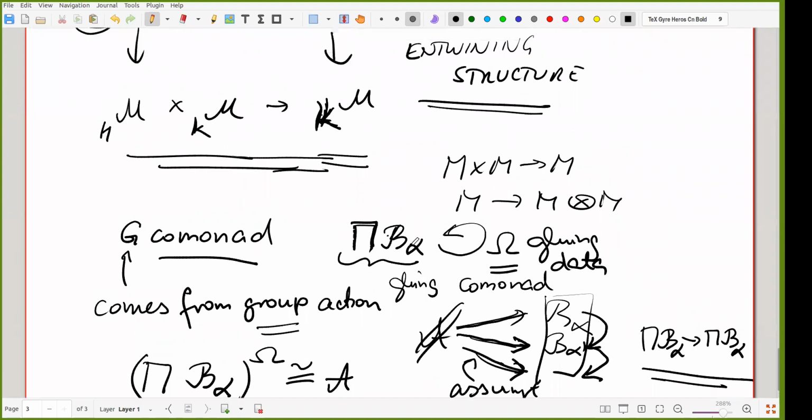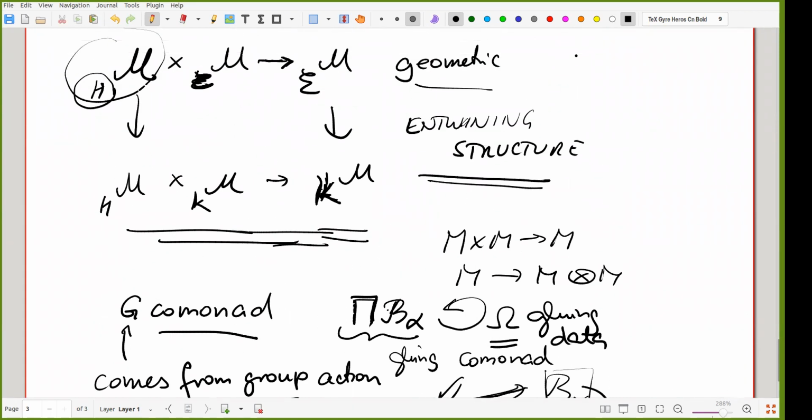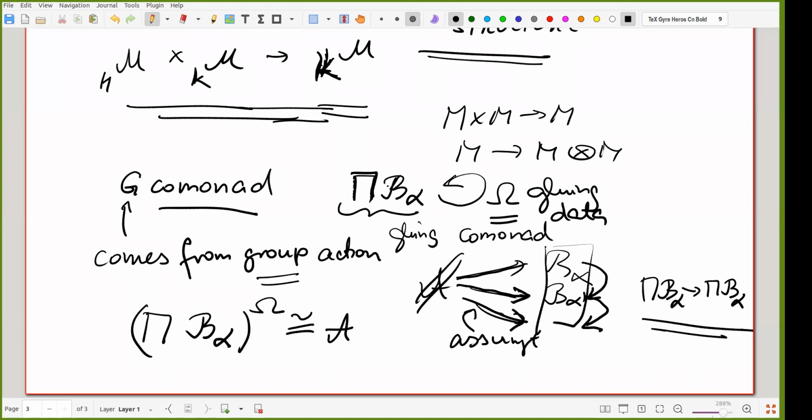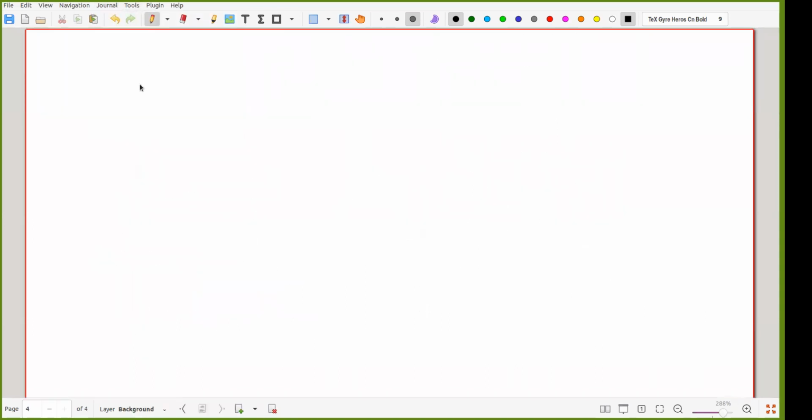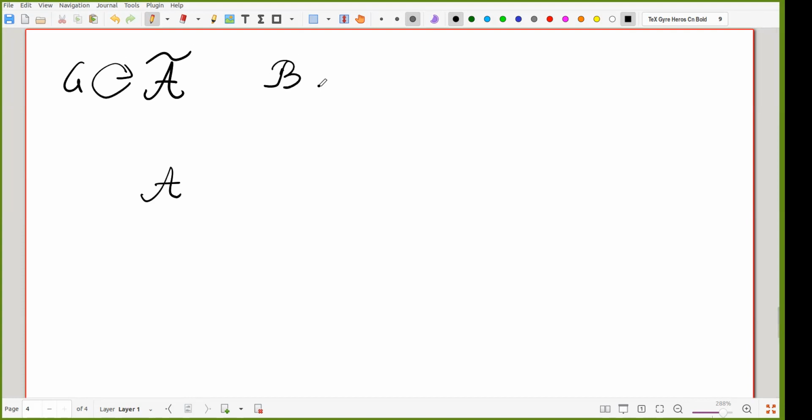Now, this entwining structure here will give me the following. I will have these categories. I will have this A tilde, and down there A. I have here the action of G, and I have here B tilde alpha.